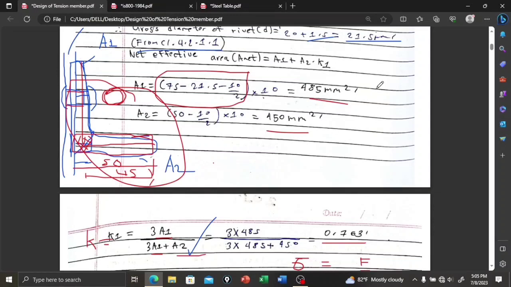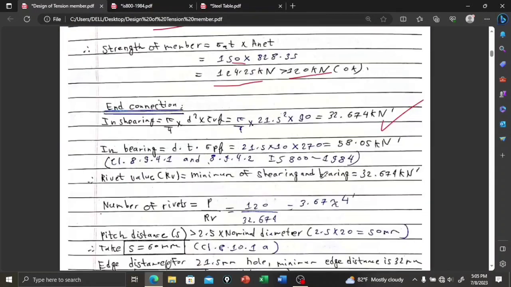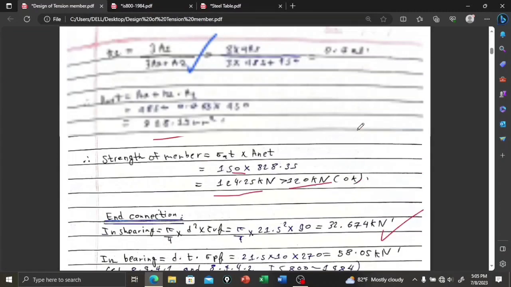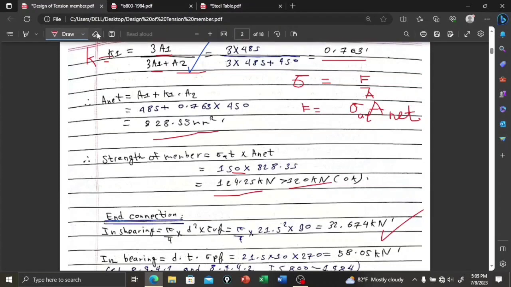In another view, it is like this: this is the rivet, and here is gusset plate and angle section in here.